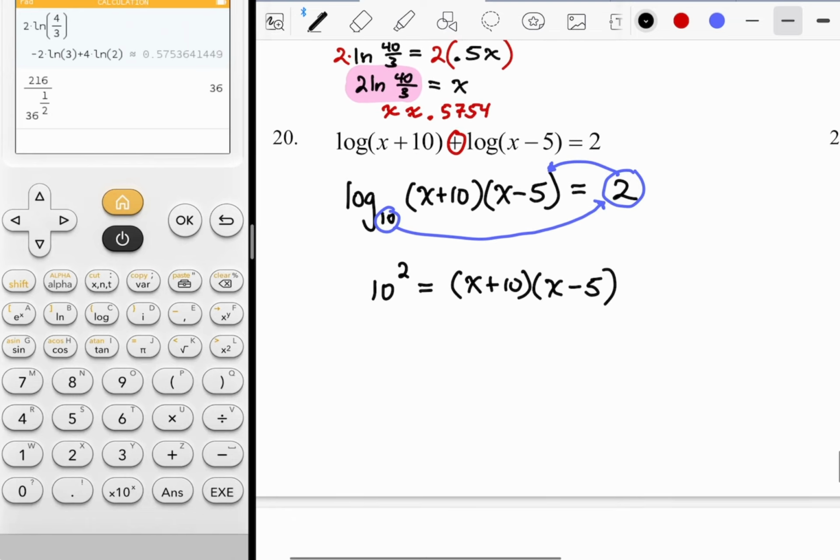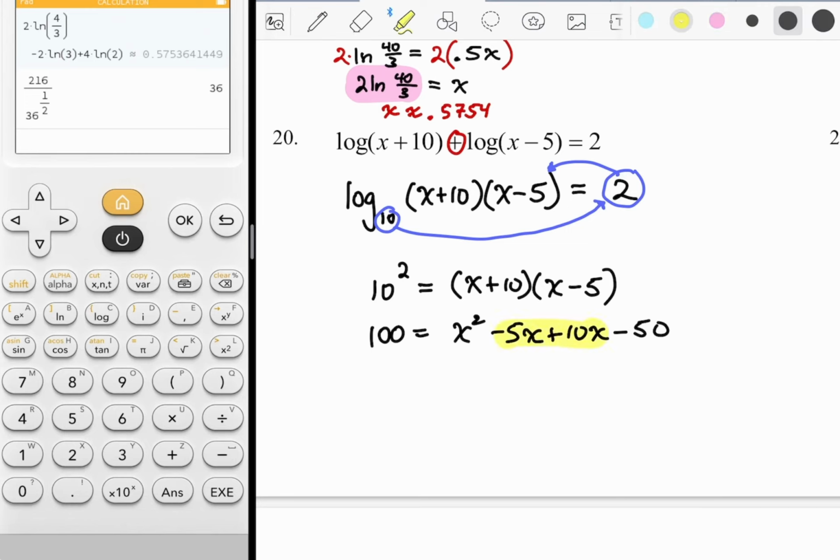So now we're done with the log, which is great. I do have to solve the quadratic though. All right, so 100 is equal to, I'm going to distribute this out, x squared minus 5x plus 10x minus 50. I'm going to combine these two terms, and I'm also going to subtract 100 from both sides.